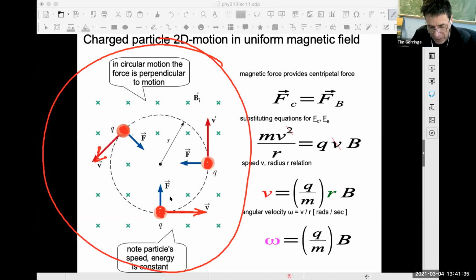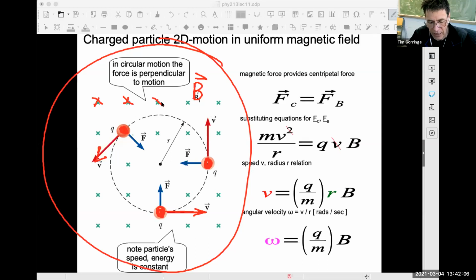We're going to see how that emerges. It emerges because it's in a uniform magnetic field. There's a B field here, and from the little crosses you can see it's pointing into the screen. If I launch this particle in this uniform magnetic field, it will cause this circular motion.